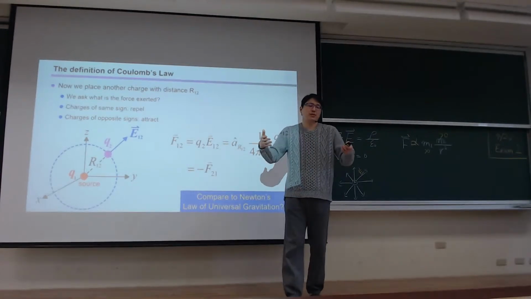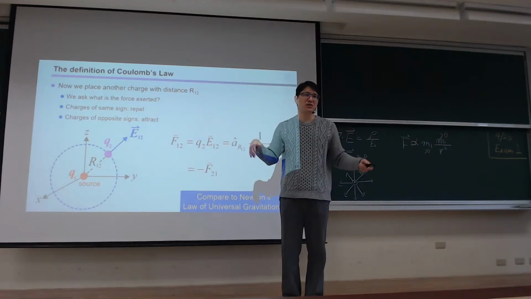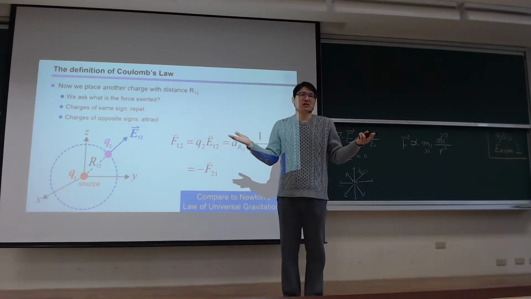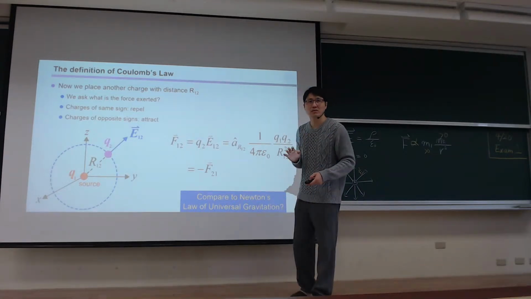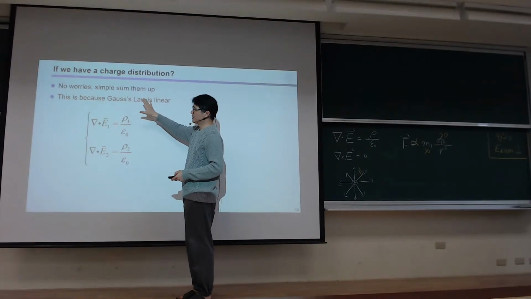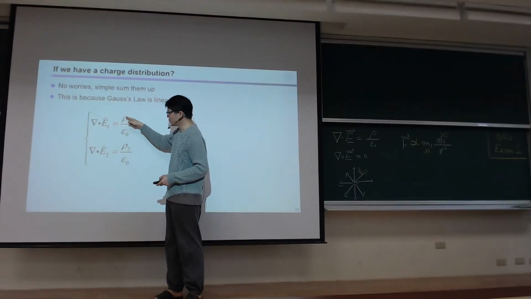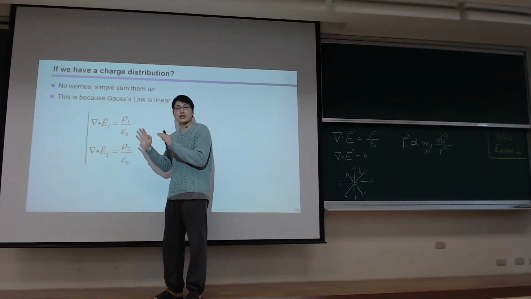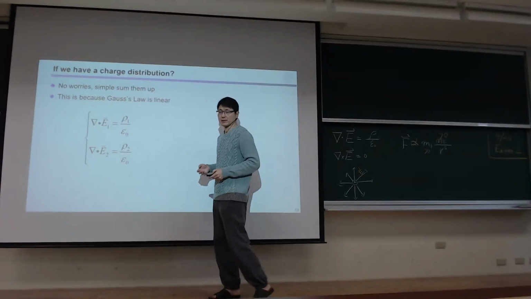But what happens if you have lots and lots of charges, and eventually it becomes a continuous distribution? Don't worry, it's okay, because basically the first postulate, divergence of E is equal to rho divided by epsilon, is a linear equation. So all you have to do is add.